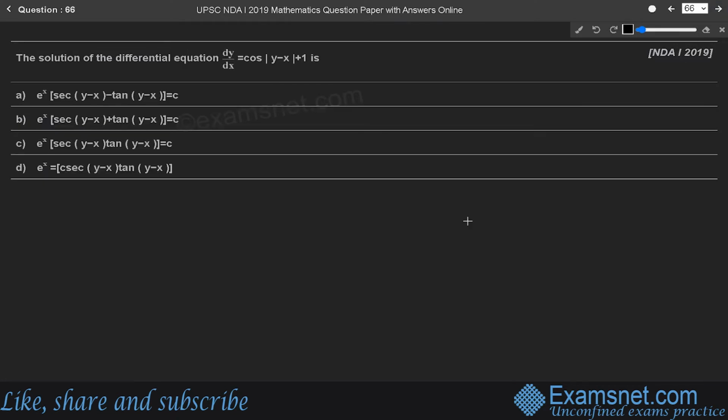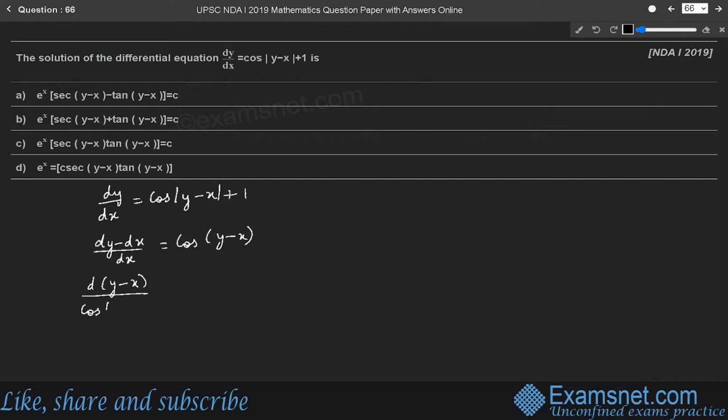Next question is the solution of the differential equation dy by dx is equal to cos of modulus of y minus x plus 1. It is a question from differential equation and we have to find the solution for the given equation. So it can be written as (dy minus dx) upon dx is equal to cos(y minus x), which will be equal to d(y minus x) upon cos(y minus x) is equal to dx.